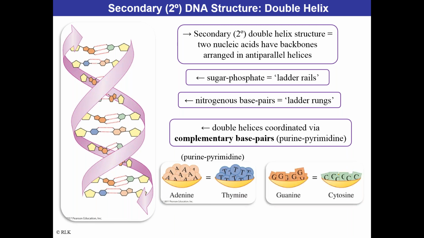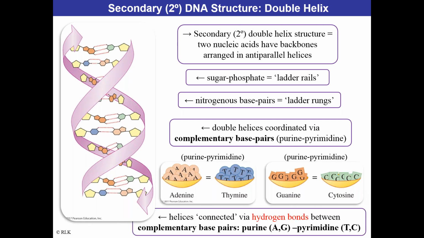The other one is going to be guanine and cytosine. Okay, so you're not going to have pyrimidine and pyrimidine combinations or purine and purine combinations. You have to have both representations of nitrogenous bases, the purine and the pyrimidine, coming together to form that complementary base pair. Adenine and thymine is one example, and guanine and cytosine is the other example, okay?